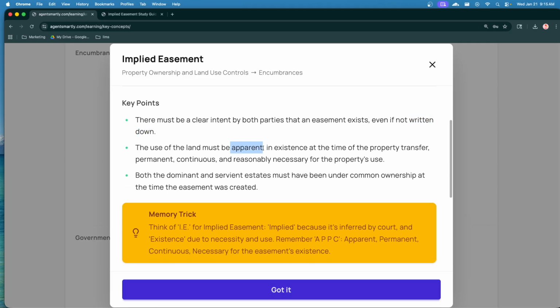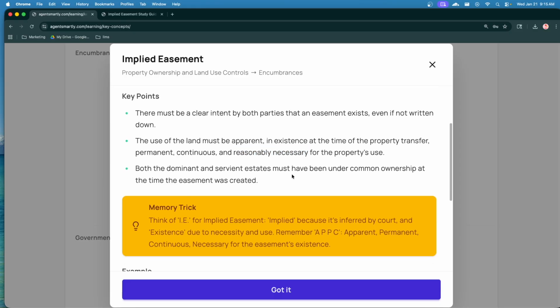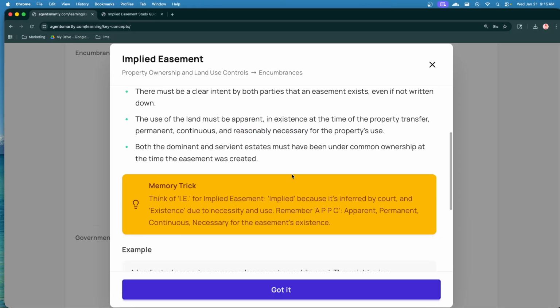It must be very obvious and in existence at the time of the property transfer, and a permanent, continuous, and reasonable use for the property. So both the dominant and servient estates must be under common ownership at the time the easement was created. Hope that's clear.